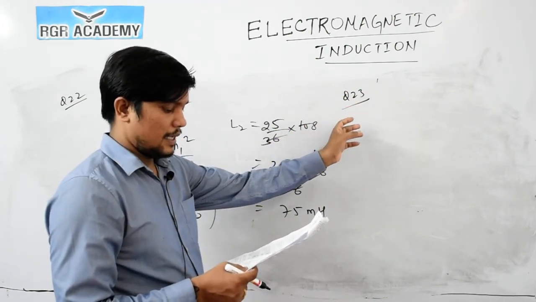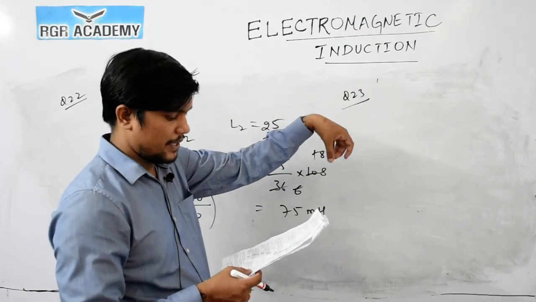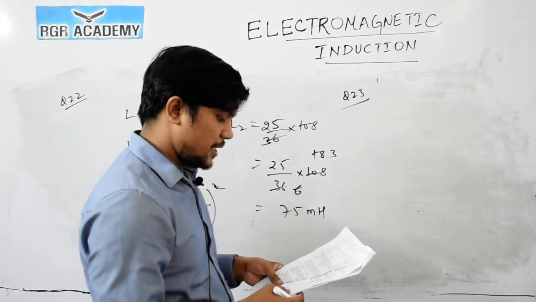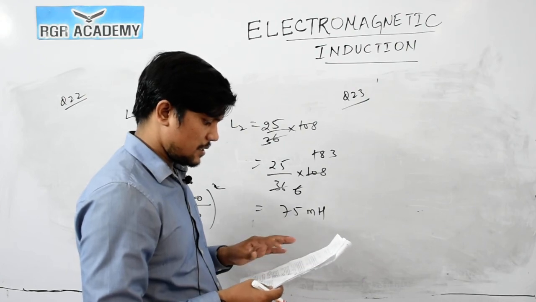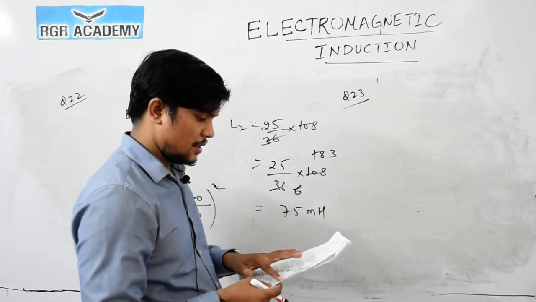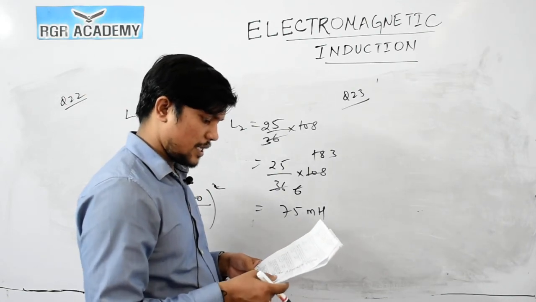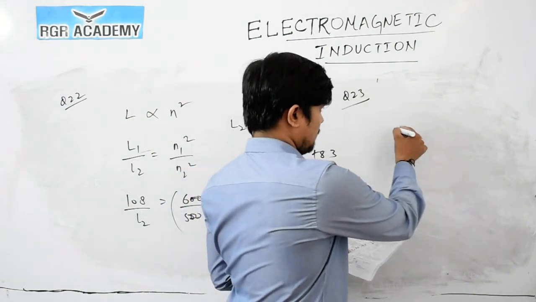Then after that, when it is leaving the coil, EMF will be induced in the opposite direction. If you see from the options, the first and third ones are wrong, and the second one is wrong because the opposite direction is not shown. So the most correct option will be option number 4. For question number 23, option number 4 is correct.